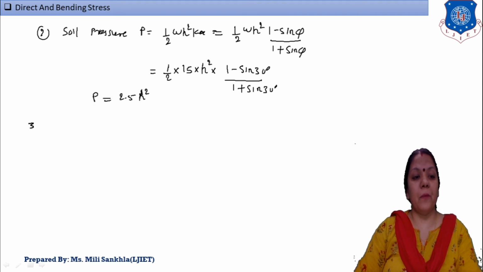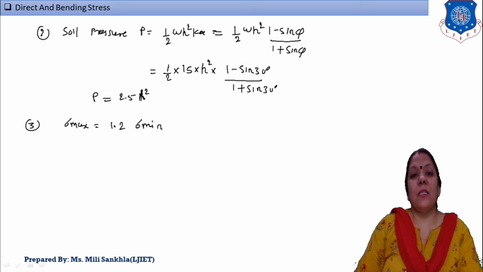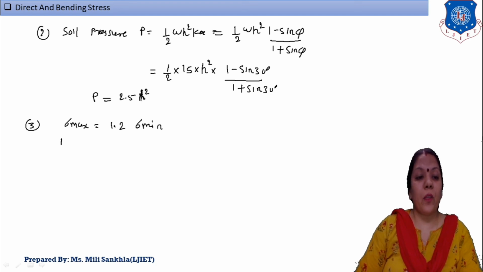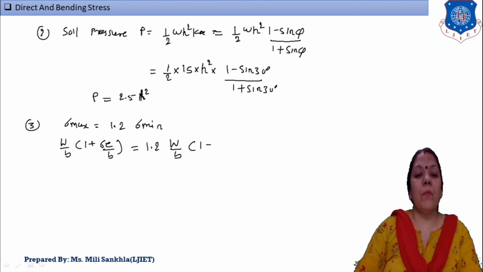Now third, here the relation is given: sigma max is equal to 1.2 times sigma minimum. All values are unknown, because if we do not find out H, we can't find out our sigma max and sigma minimum. So first of all we use this relation. Now sigma max is equal to W by B (1 plus 6E by B) is equal to 1.2 W by B (1 minus 6E by B). Now from the left side and right side, W by B cancels.